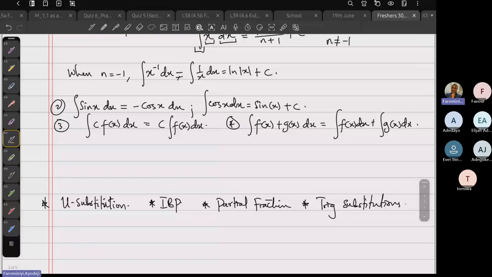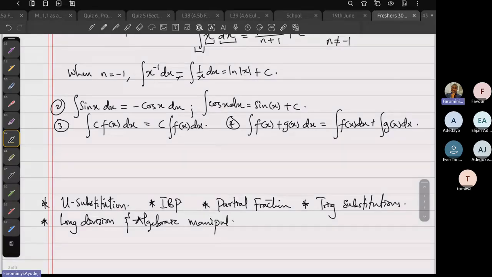These are the main things you use with integration. Sometimes you also have to do some long division and some algebraic manipulations.